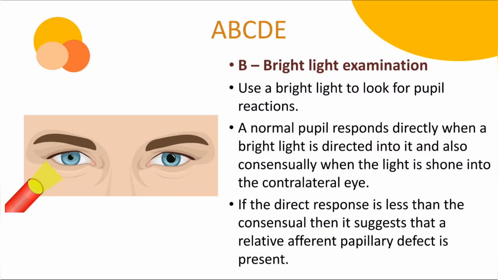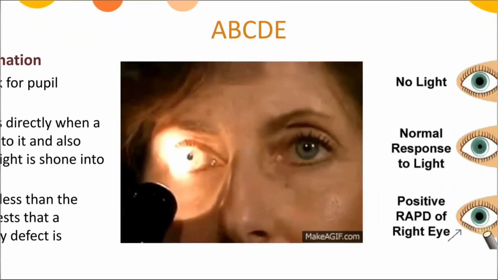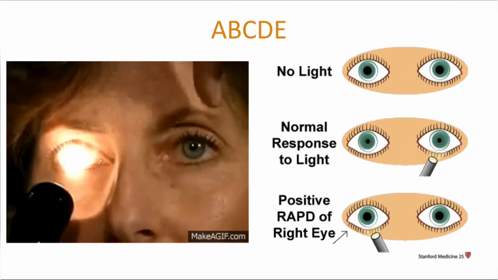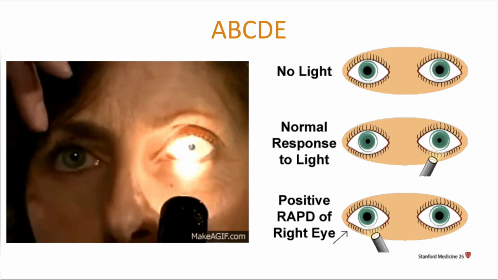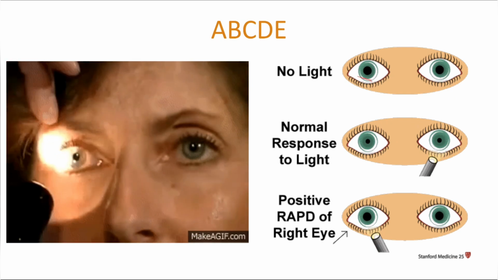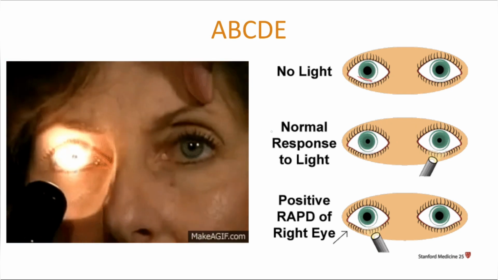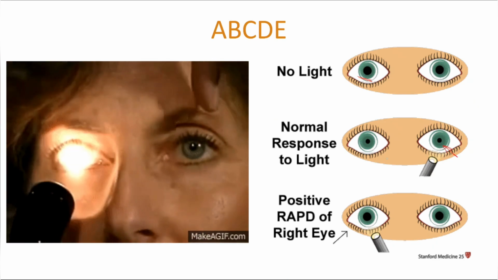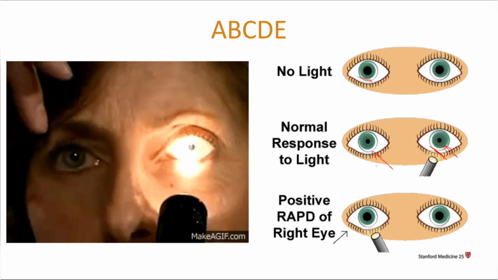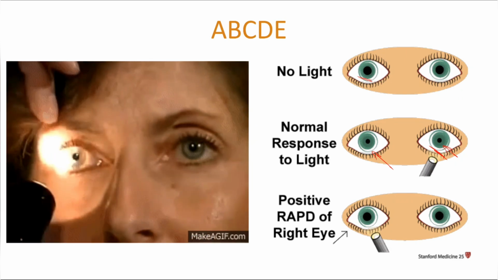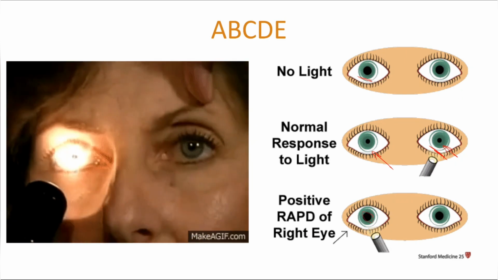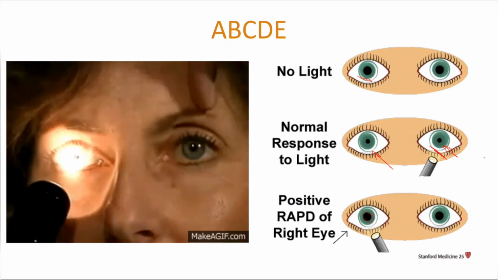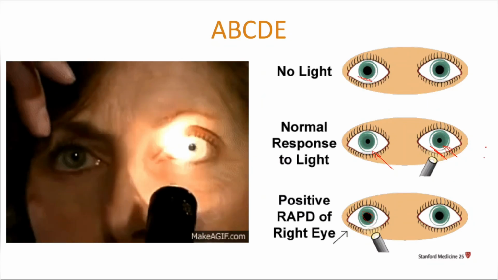So if there is a problem in the optic nerve, or sometimes even in the retina itself, there is no light reflex, it is just a dilated one. Normal response with the light would be constriction, direct and indirect. But if there is dilatation instead of constriction, you have to search for the cause and call the ophthalmology most probably.